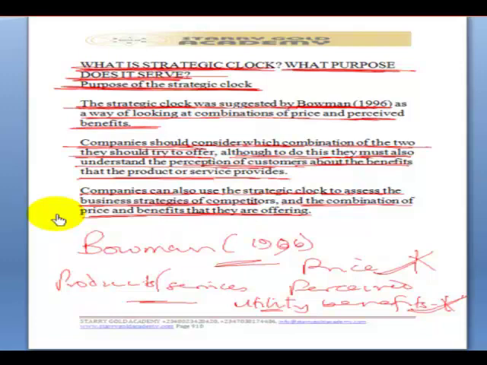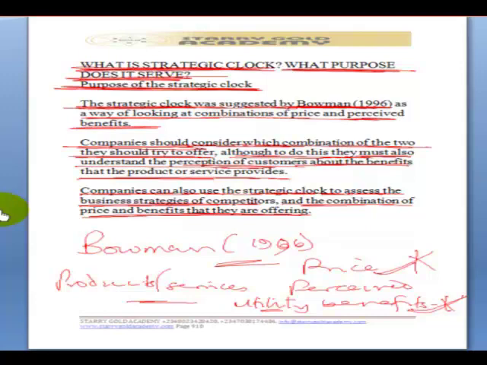This therefore implies that one of the main purposes of strategic clock is basically designed to assess the business strategies of competitors. That is, those strategies that have been put in place by the rival firms, as well as the combination of price and benefit which these rival firms or competitors are actually offering to the market or industry, as the case may be.